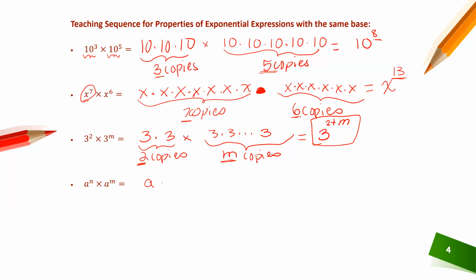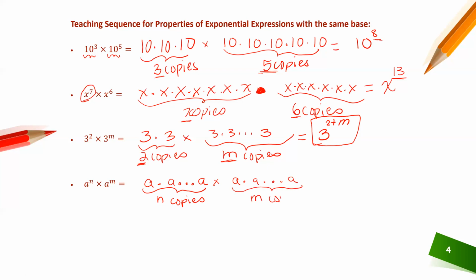So to visualize it or to prove it, we would say a times a times a times a. And how many copies here? You have n copies, right? Because n is the exponent. And then here we have a is the base, so it would be a times a times a times a times a. How many copies here?